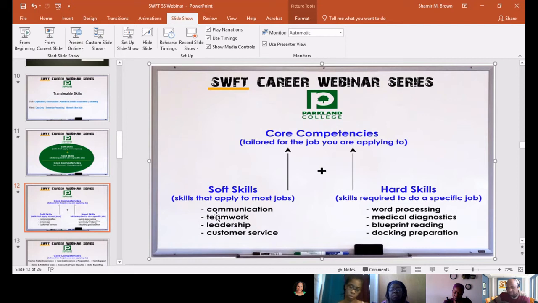So when you combine your ability to communicate and your ability to word process, you'd have the core competency of technical writing. And that's what you would list on a resume if you wanted to highlight both abilities.